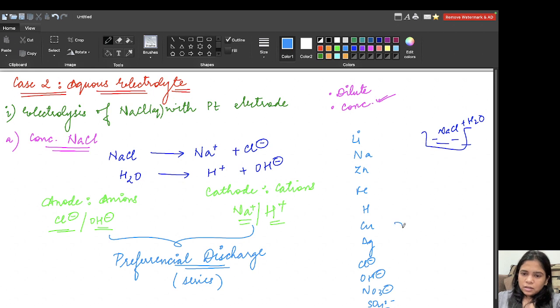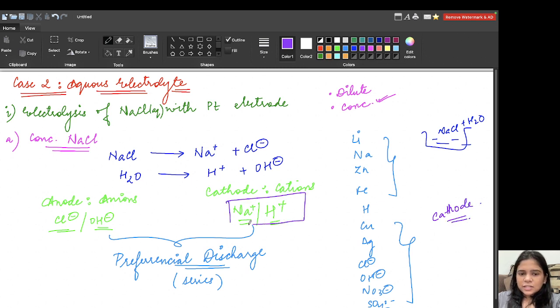Same thing only here. Cathode should be more lower, anode should be more upper. So in cathode, check what all things are there, Na plus and H plus. You need to check which one is more lower, because your SRP is increasing.